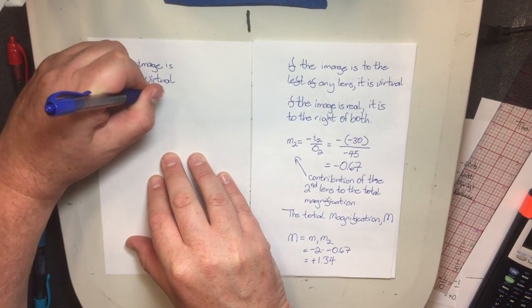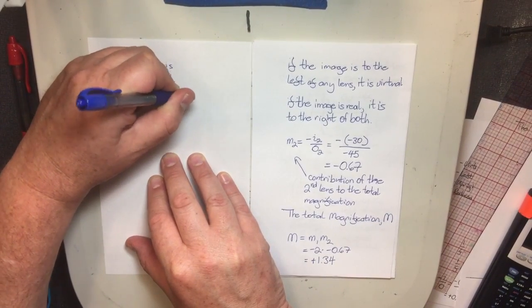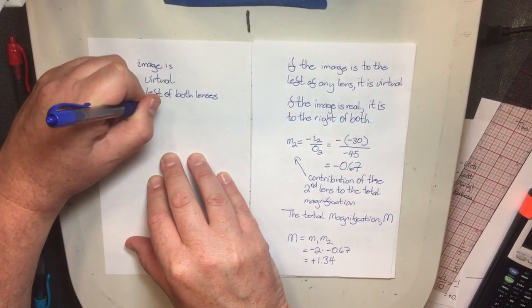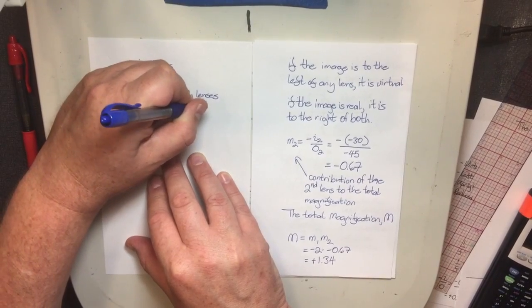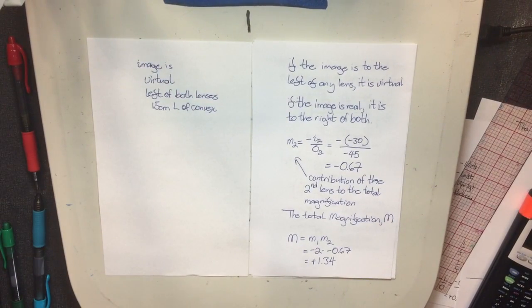So instead of what we did here, left of both lenses, 15 centimeters left of convex, you're going to get an image that's actually to the right of the concave. You will get an I2 that is greater than 0. Trust me, it's been done for decades.